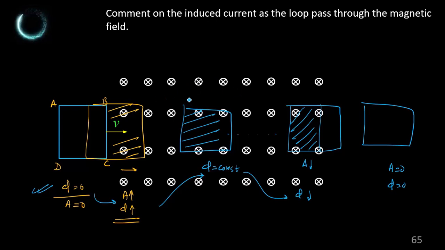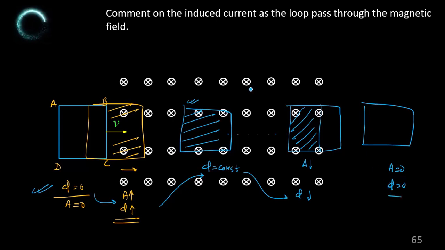At this situation the flux is not going to change, it is constant. Once it comes out of the magnetic field, the area is decreasing, which means the flux is decreasing. Ultimately, when it is completely removed, the flux becomes 0.